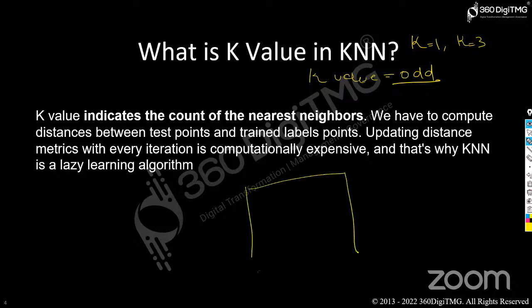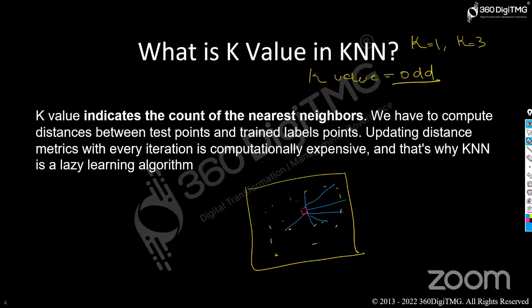Suppose these are various data points and there is a new data point occurring. Then what will you do? You will find the distance of this data point to all other data points and choose the nearest one.